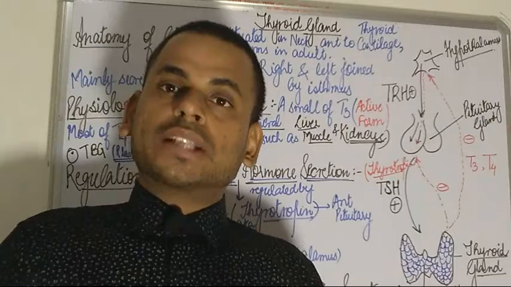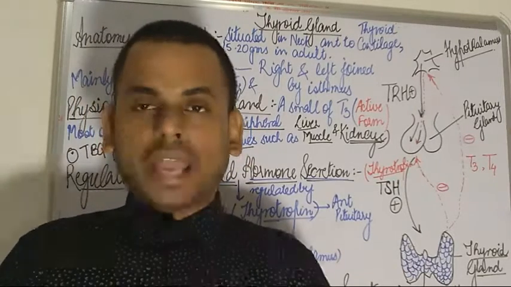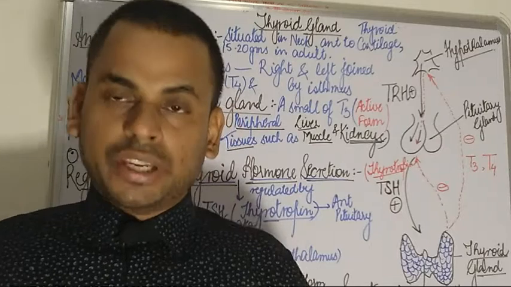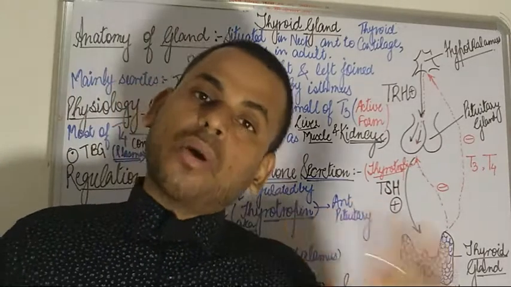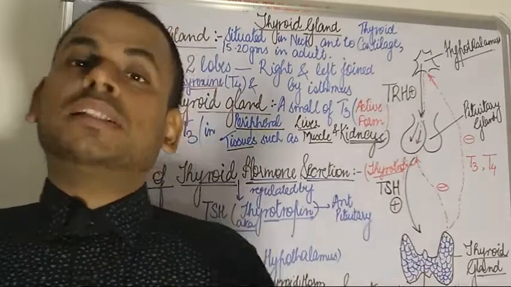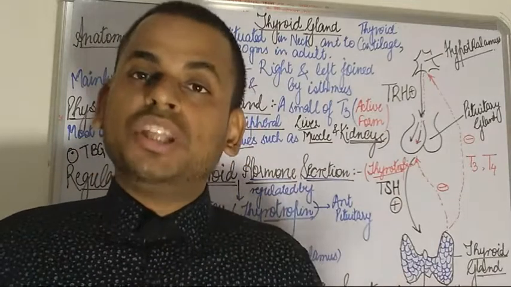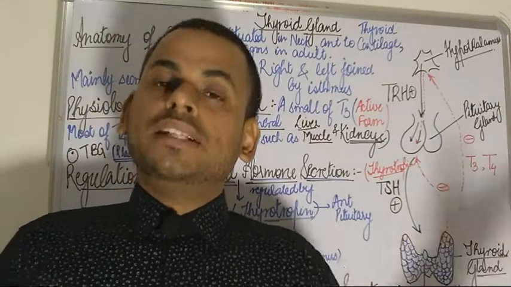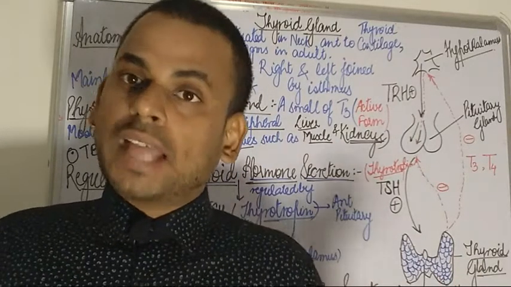Students, do remember that thyroxine is tetraiodothyronine: triiodothyronine combines with another molecule of iodine, which leads to the formation of tetraiodothyronine, that is T4 or thyroxine.